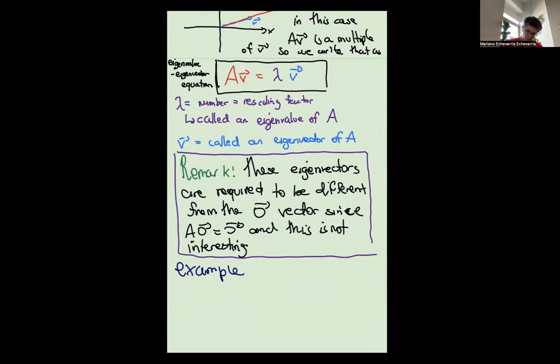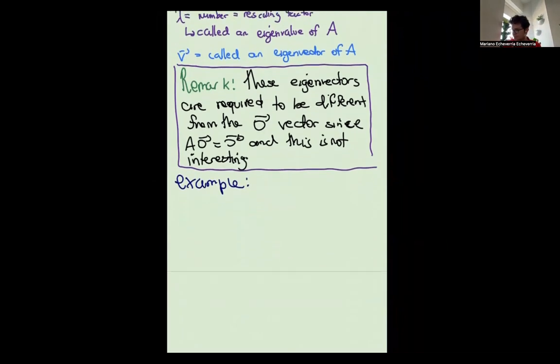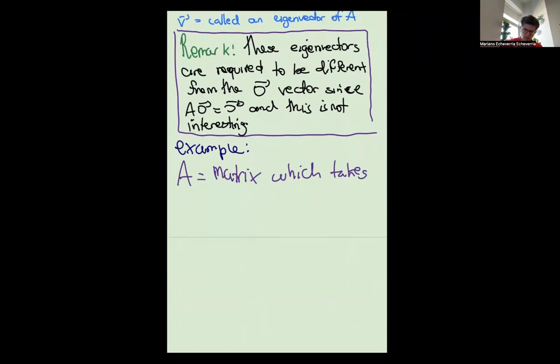Imagine I had given you the matrix A, 2, 0, 0, -2.